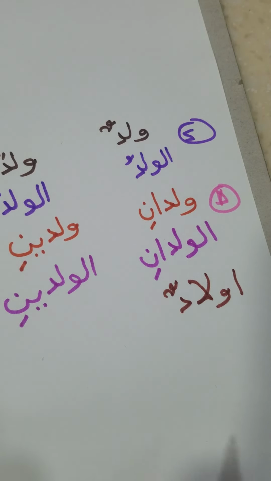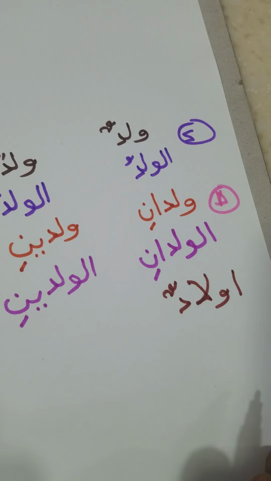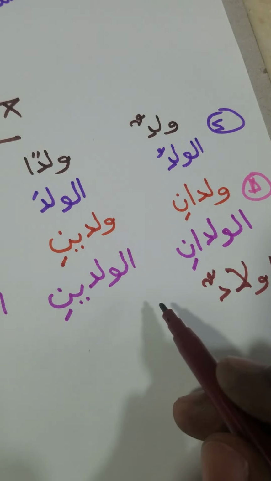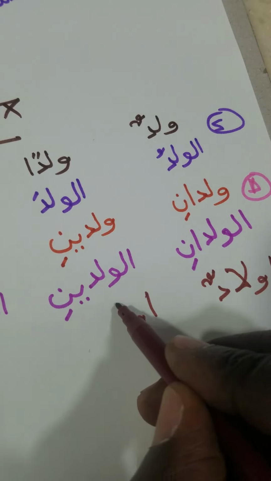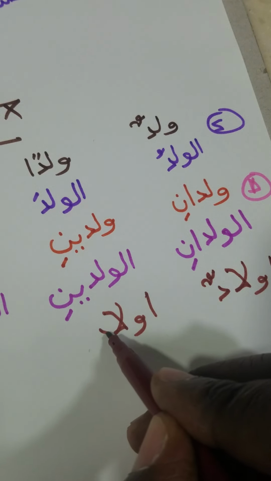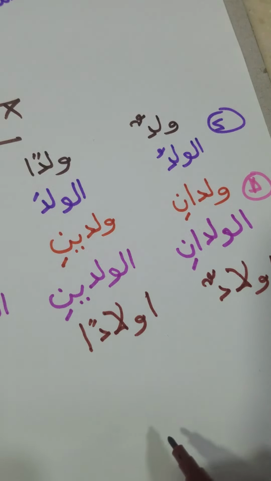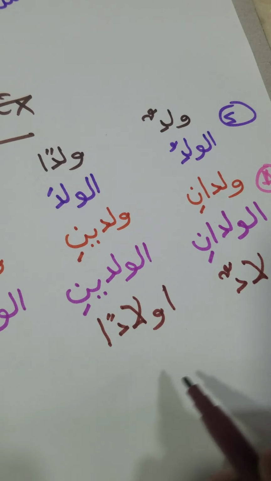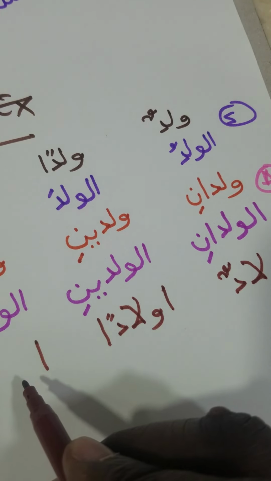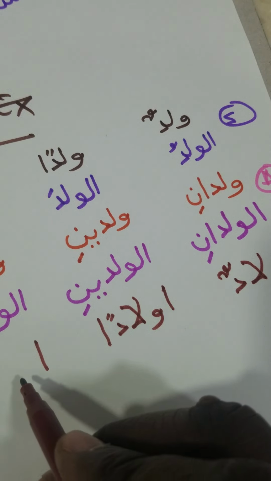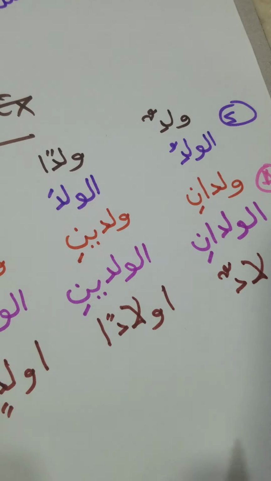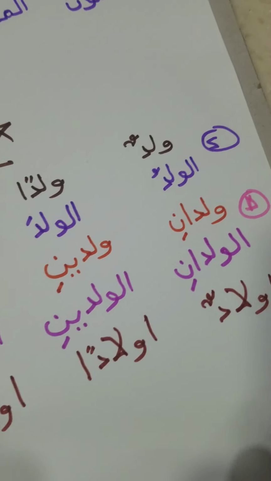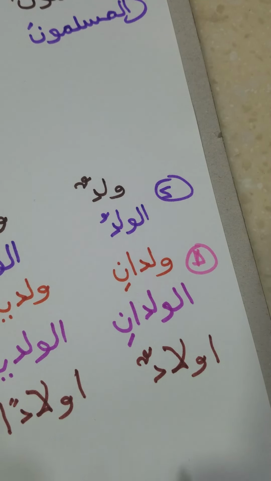So this one awladun, then awladan, okay, then awladin. Now here is where it gets a little bit tricky on plural.